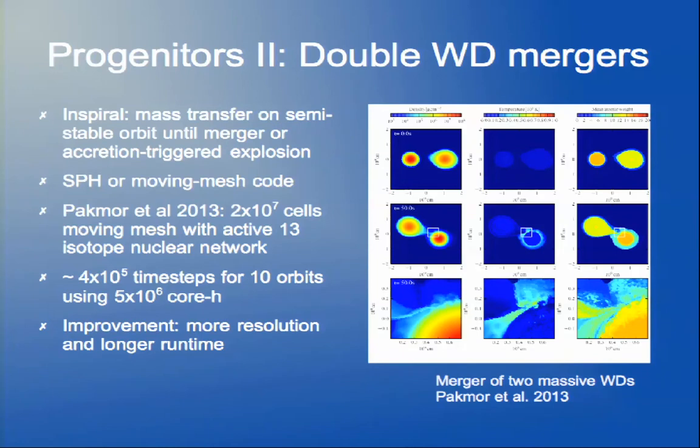One thing that's still quite approximate here is that the nuclear energy generation is done only with a 13 isotope alpha network. The main reason for this is that we can't really afford more in this type of simulation, and this requires about 500,000 time steps just to run 10 orbits, and that's a few million core hours.